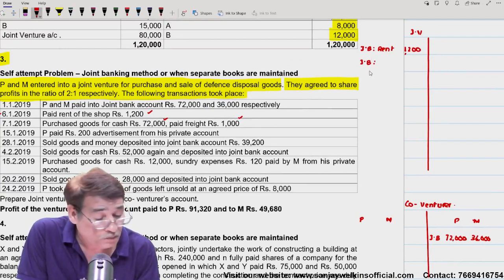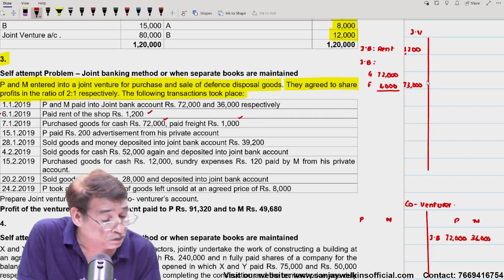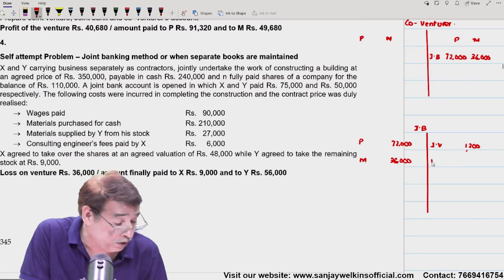Correct? You have purchased goods and paid freight. Goods 72,000 and freight 1,000 you can show separately. That's a different matter. Total 73,000. On the credit side of joint bank account, you are going to write by joint venture 73,000.